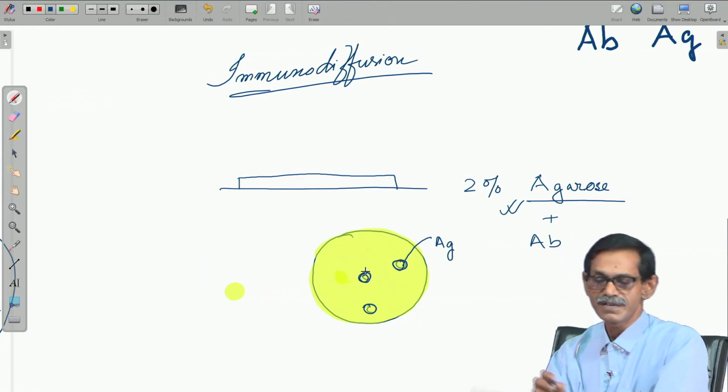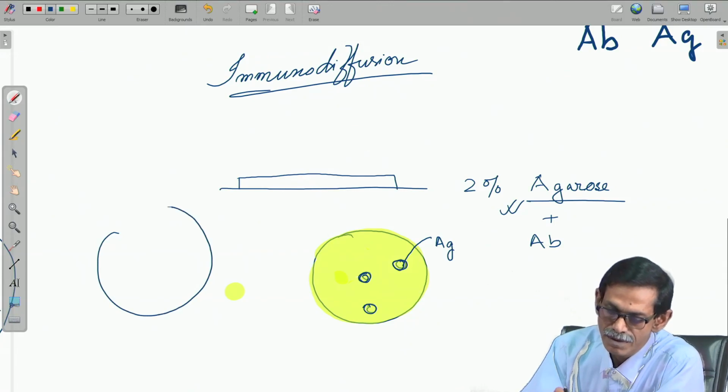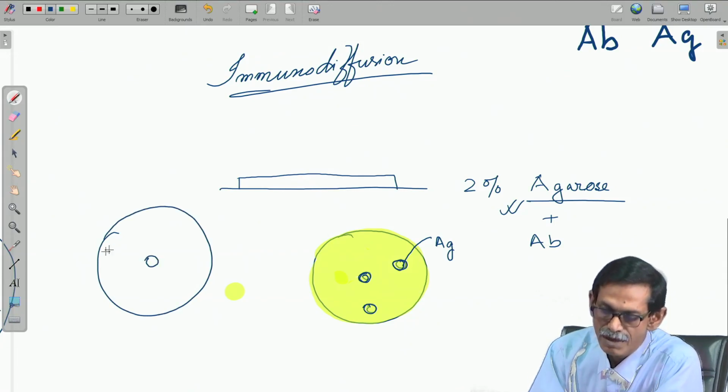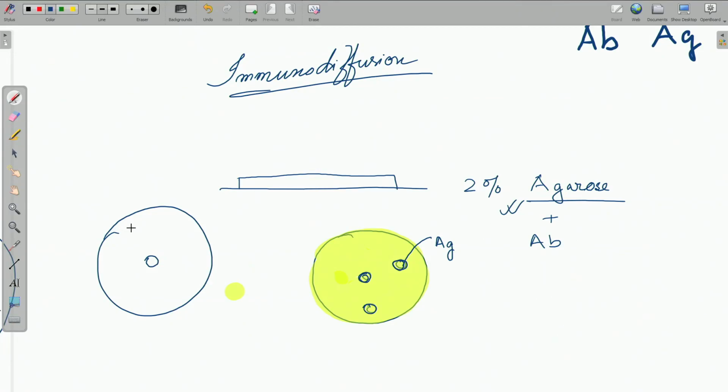Now I am drawing this again: there is a hole here, antibody is everywhere at equal concentration, and you are putting antigen here. What will happen with time? It will diffuse sidewise, radially.